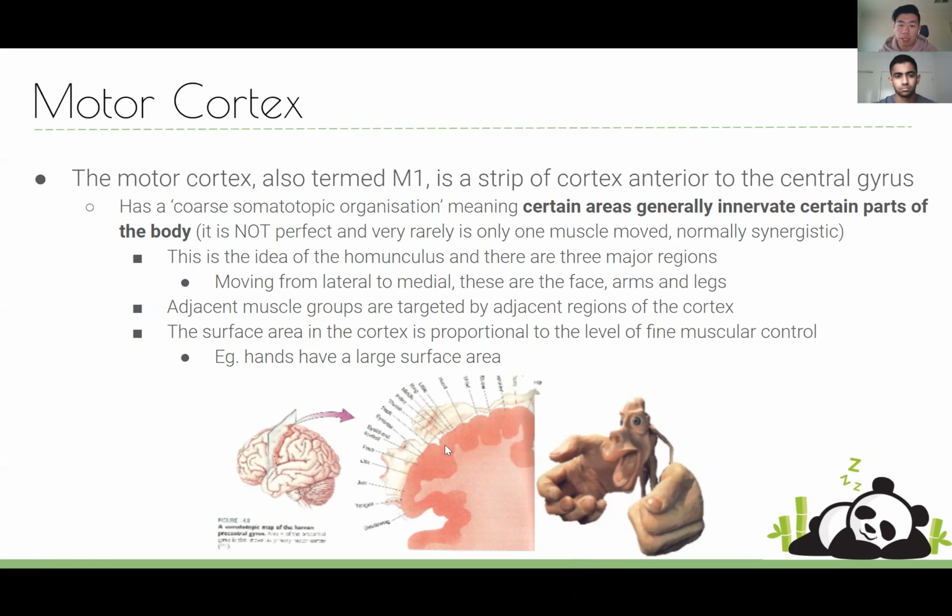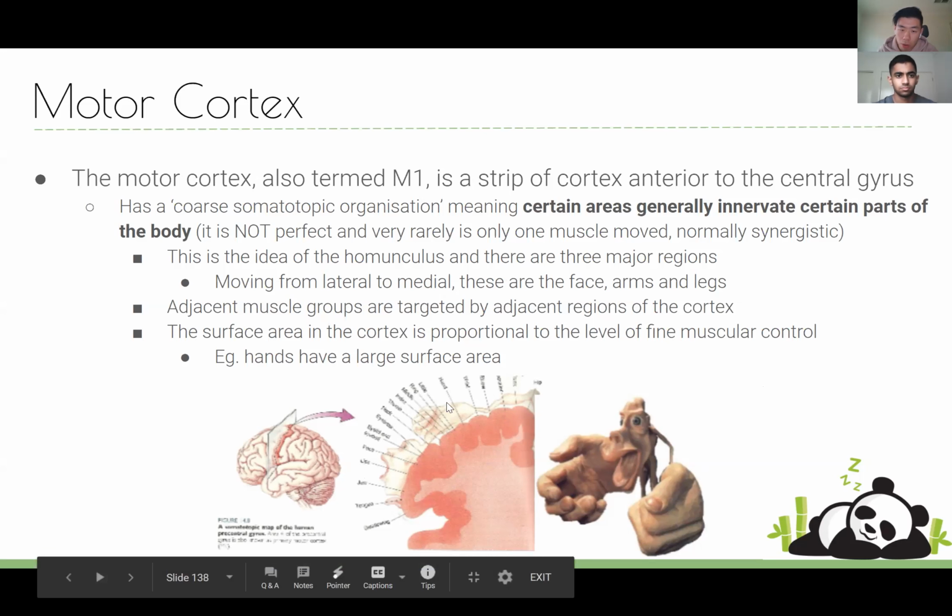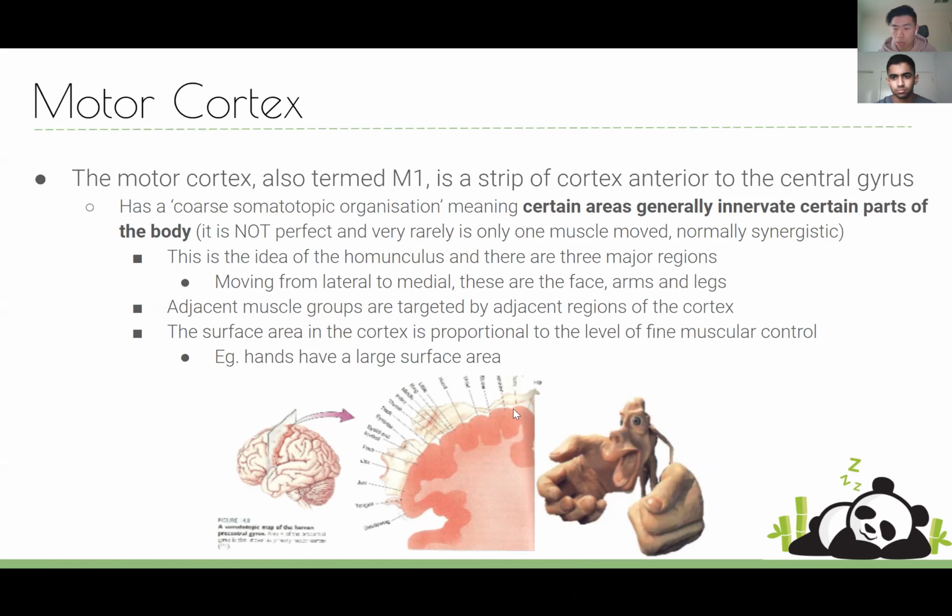The amount of cortex involved is equivalent to how much control we have over that area. So our hands have a large area, whereas our calf doesn't have much of an area because you don't really do anything with it except contract it. Therefore, there's a little bit of control there and a difference.